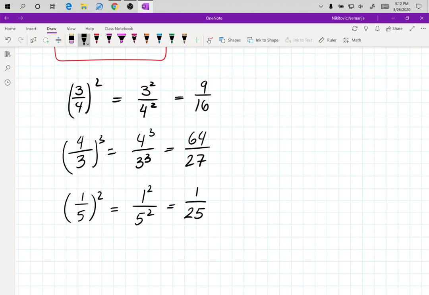So for fractions, you're squaring numbers or cubing them, or whatever exponent, you will be working on one number at a time. Numerator gets squared, denominator gets squared, right? So numerator and denominator, they're separate. You just apply the exponent to each one of them.